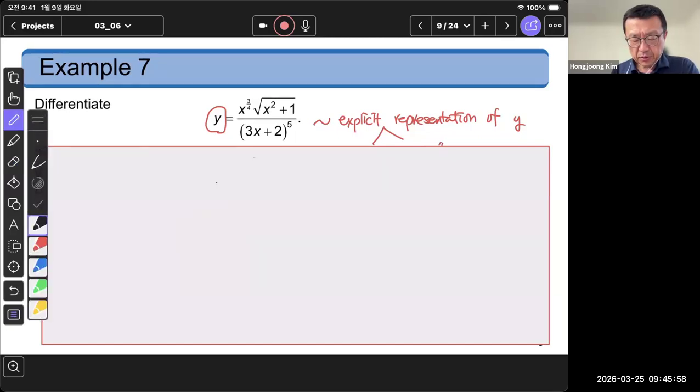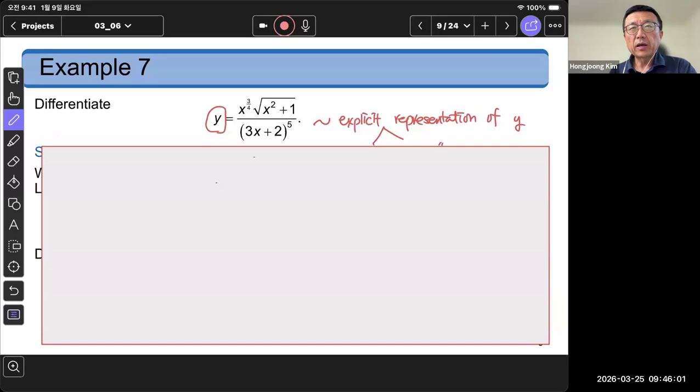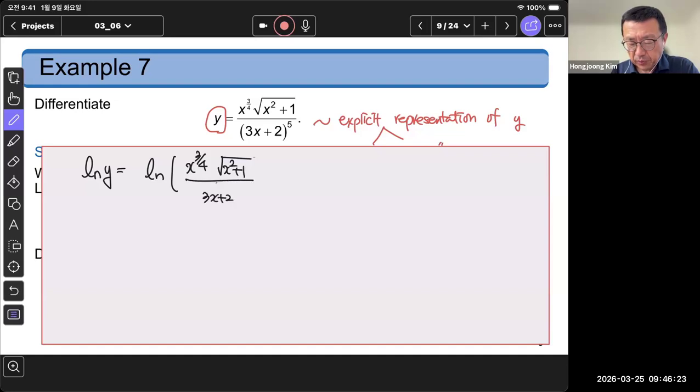So the idea is this. What if I consider the log of y? Then that will be the log of x to the 3/4 times the square root of x squared plus 1, over 3x plus 2 to the 5th.